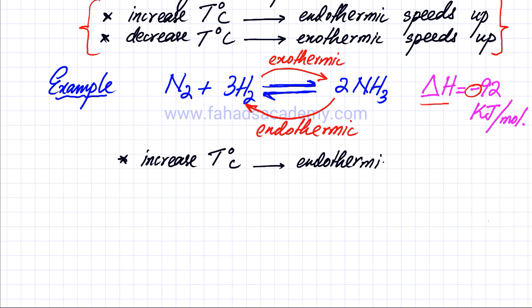Now, the endothermic reaction in this case is the backward reaction. There are many different ways to state this. CIE would require certain words that must be used when you're answering this question. So in this case, the endothermic reaction is this backward reaction.